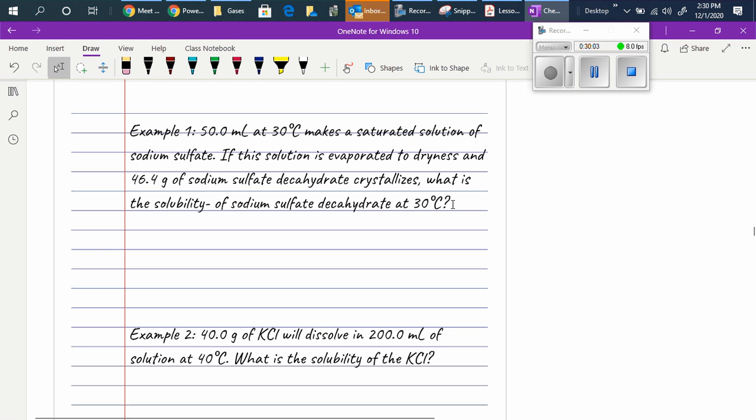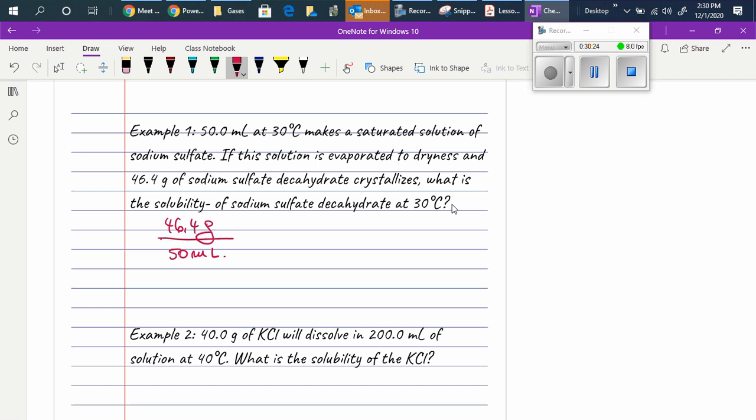Okay, so now what you have is 46.4 grams of sodium sulfate decahydrate in 50 milliliters of water at 30 degrees Celsius.